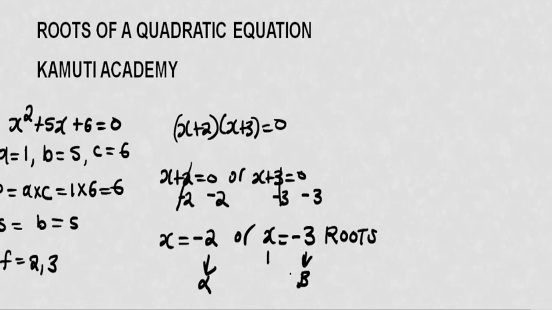So in this video, we're going to look at alpha and beta as roots of a quadratic equation. Now, the first thing we're going to consider is a situation where they give you roots of a quadratic equation, then they ask you to find the quadratic equation. What do I mean? This is what we're going to do.